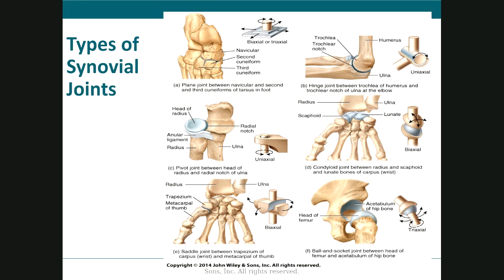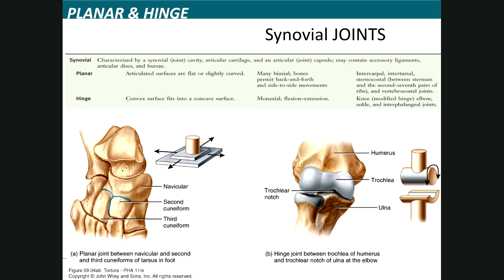So the types of joints we're going to talk about are the description of the joint and the type of axis it moves on. Let's start with this first group, the planar joints.